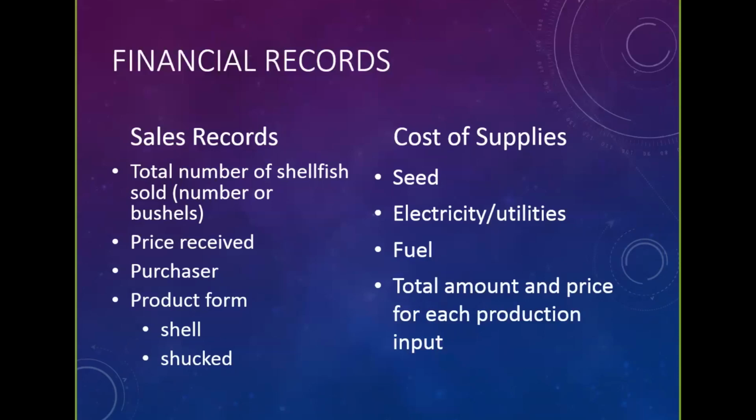They were recording the cost of their feed, but they did not record the transportation or delivery costs. So they had an idea of what their feed was costing them for fish, but they didn't have the true cost of feed because they weren't including the delivery charges. So it's little things like that. I always say, if you can spend money on it, write it down.